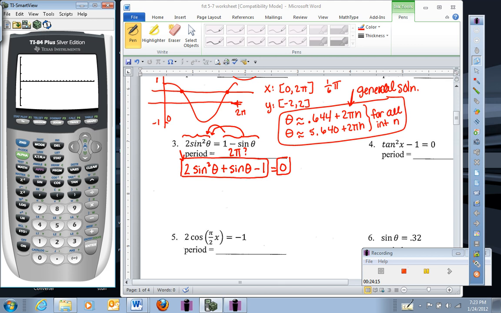So here we go again. Okay, and now I clearly see that I have 2 periods of the graph, don't I? So 2 pi is the correct amount for the period. So I'm going to take my window and I'm going to change it back to 2 pi. But if you're ever in doubt, just expand that window out a little bit and look at it, and that'll help you see.